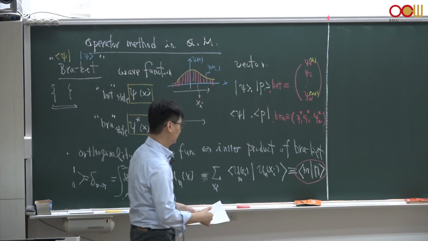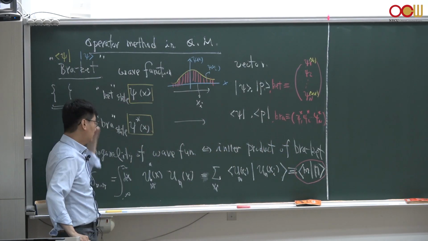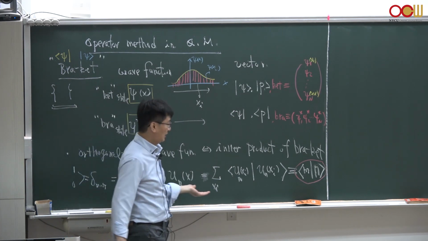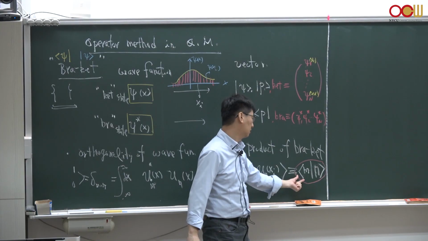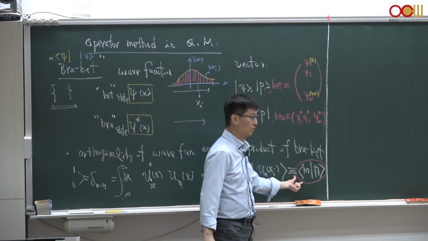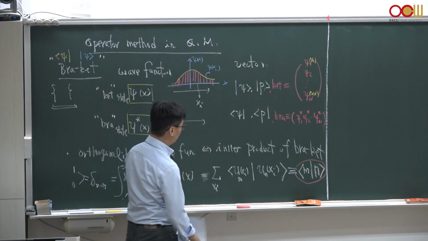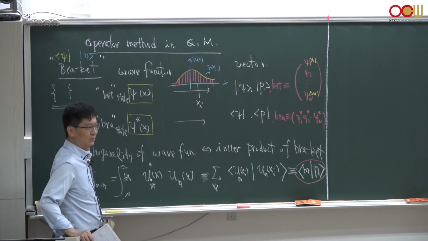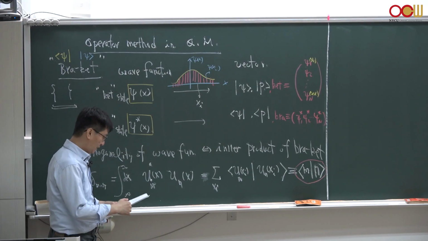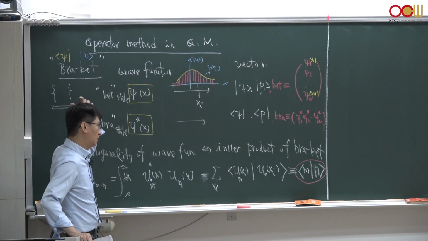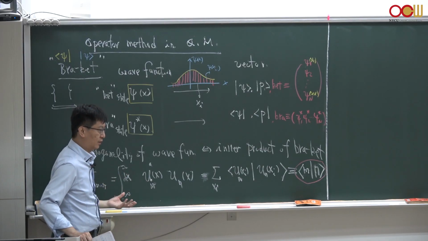So I define such a complicated integral using Dirac bracket notation, and this is nothing but the inner product between the Dirac bra state and the Dirac ket state. Okay? So isn't that simple? Isn't that wonderful? Great.